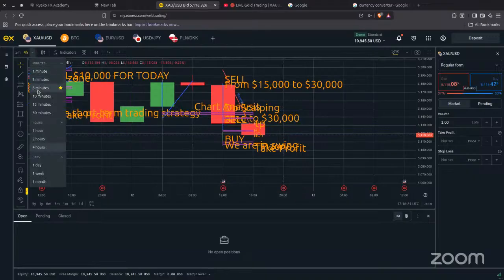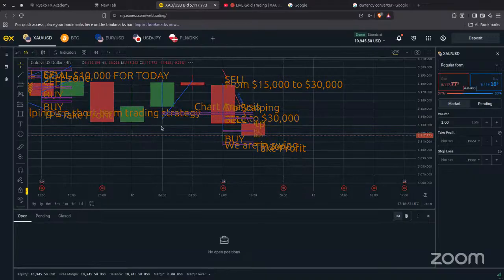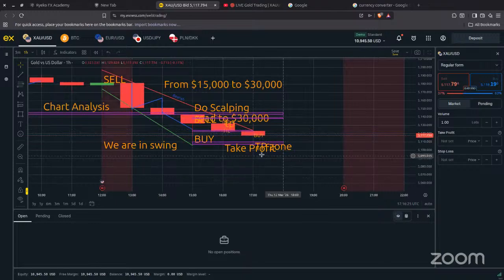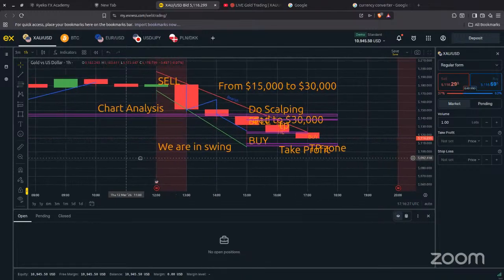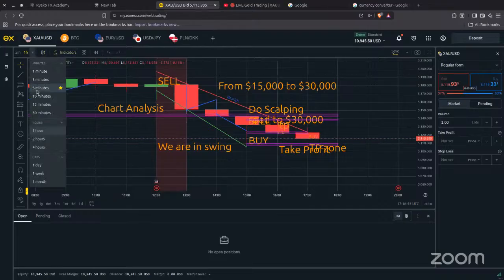Past 1 hour. It has been going down. Past 1 hour, it has been going down, probably. This is just a 1 hour block. Then 30 minutes.